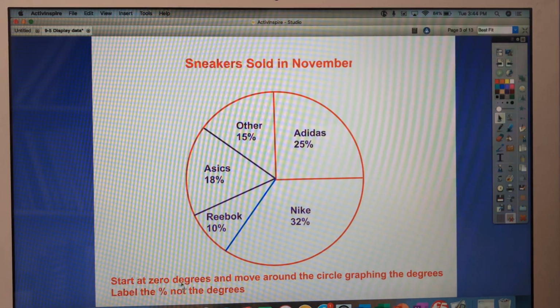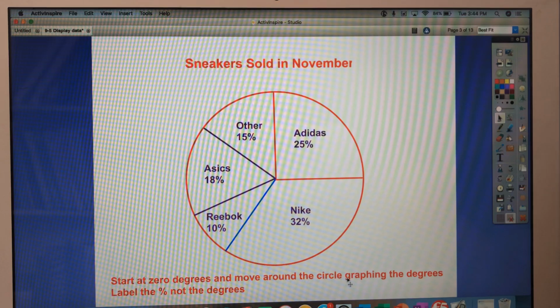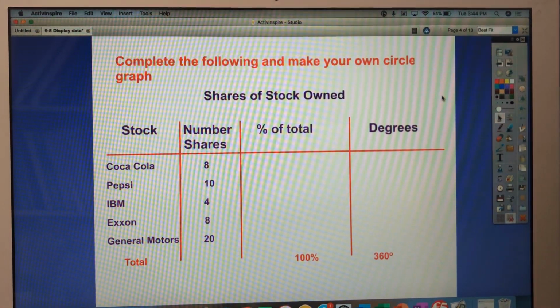Notice, you start at 0 degrees and you move around the circle graphing the degrees, but you label the percentages, not the degrees. Circle graphs are not easy. They are multiple steps, so it's going to take you time. Feel free to pause the video, but better yet, hold on, because I have an example for you.